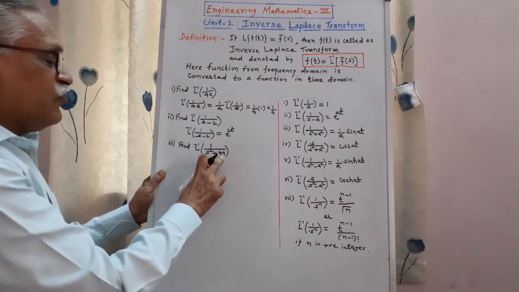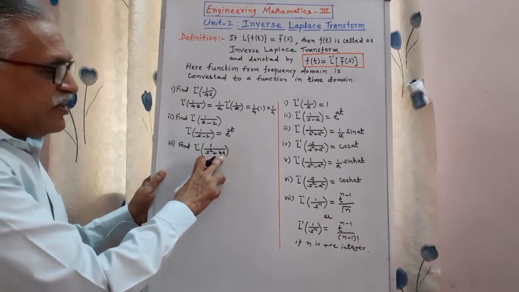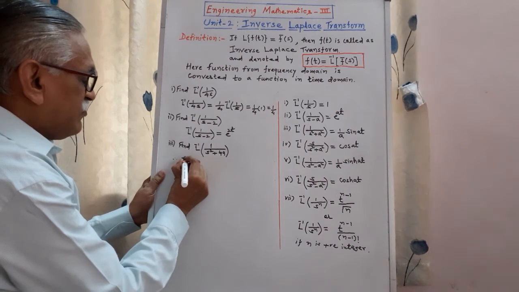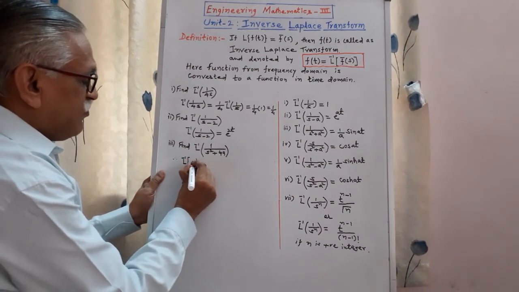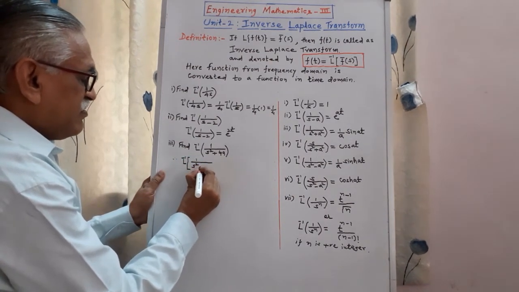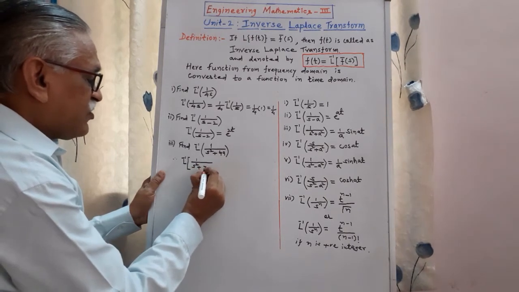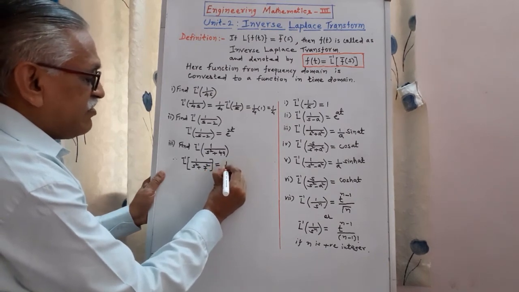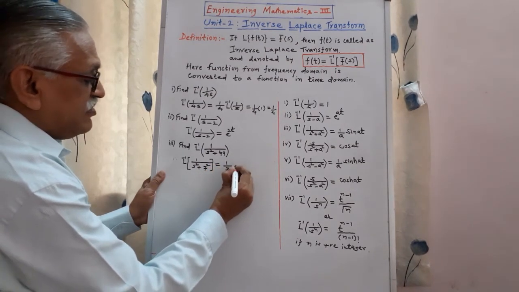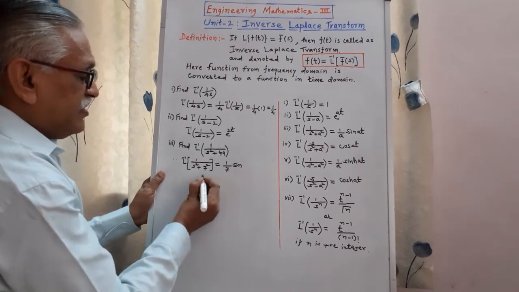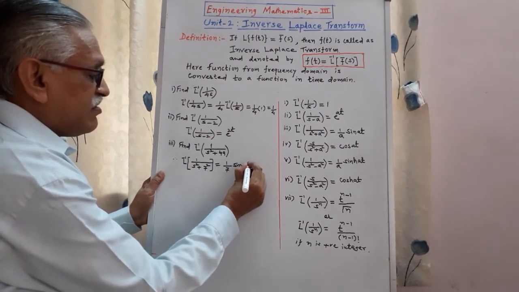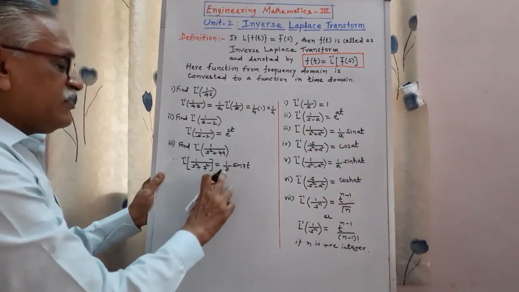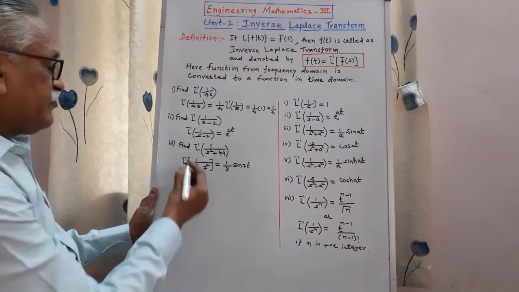Here 49 means 7 square, and therefore the inverse of 1 upon s square plus 49 is 1 by a, 1 by 7, and sine of at is here 7t. Therefore, as per this, it is 1 by a sine at, 1 by 7 sine 7t.